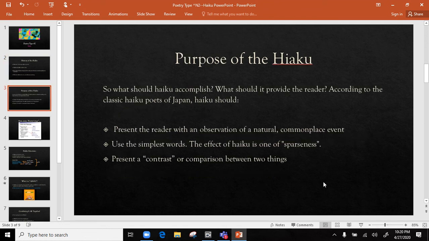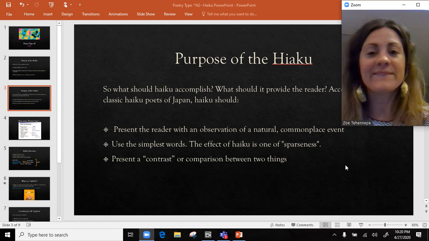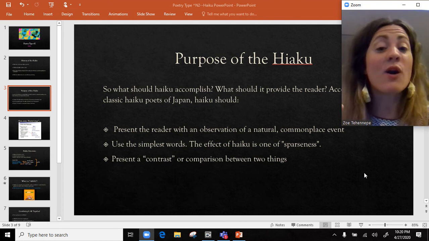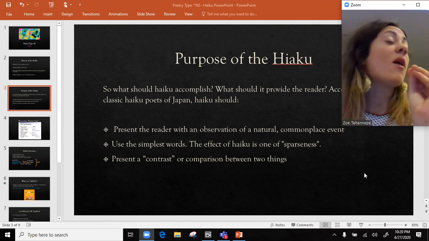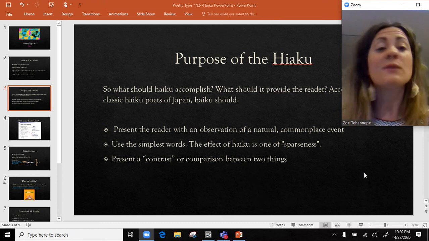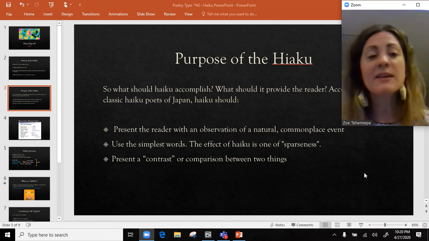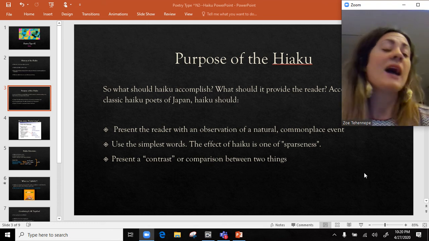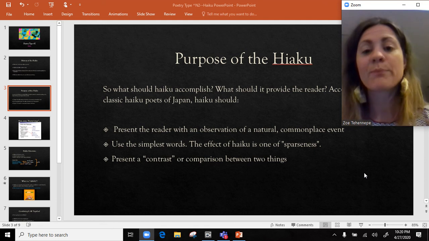Okay, so, that's the one I'm on. The purpose of a haiku. Let's just have a little peek at the purpose of a haiku really quickly. So what it should accomplish, it should present the reader with a little observation of a commonplace event. So something that is not mind-blowing, something that is small and a little part of life that often wouldn't have attention drawn to it, okay?